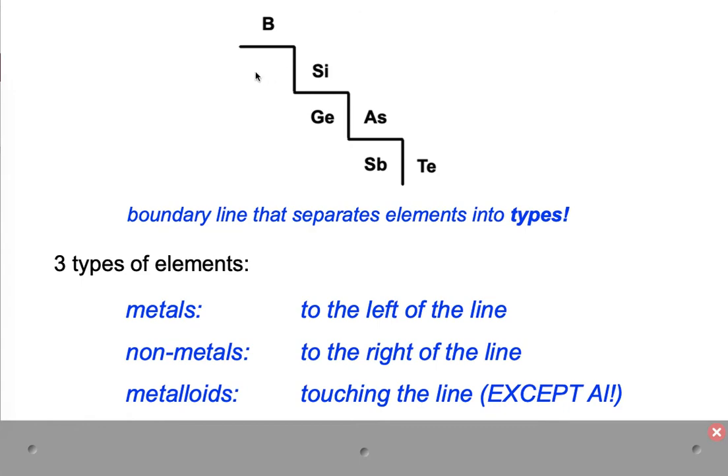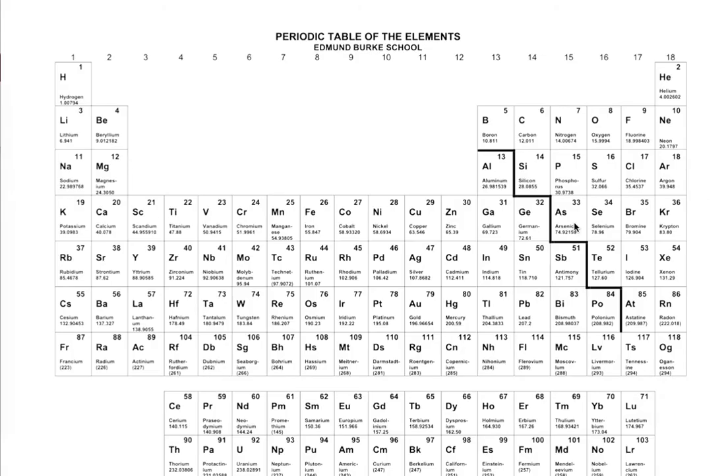Aluminum touches the staircase line, but it is not considered a metalloid. It is, in fact, a metal. So if we go up and look at the periodic table again, there's the boundary line. In general, the metals are to the left of the line, the nonmetals are to the right and above the line, and those touching the line, with the exception of aluminum, are considered metalloids.